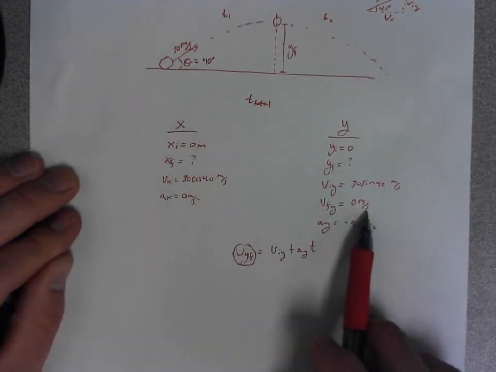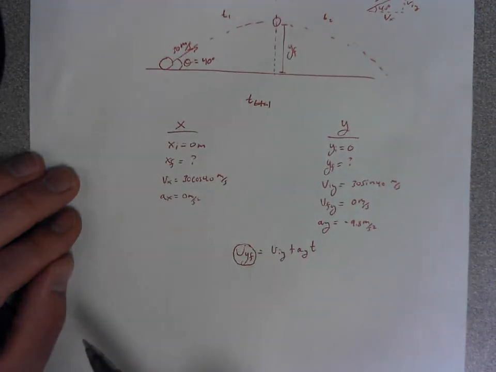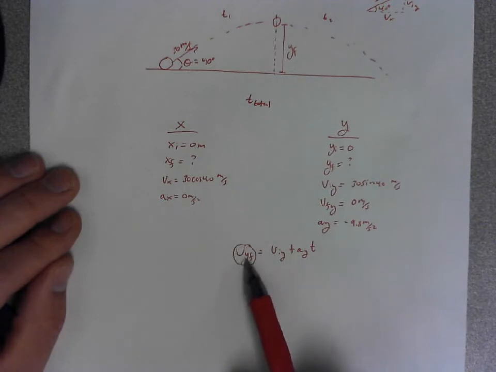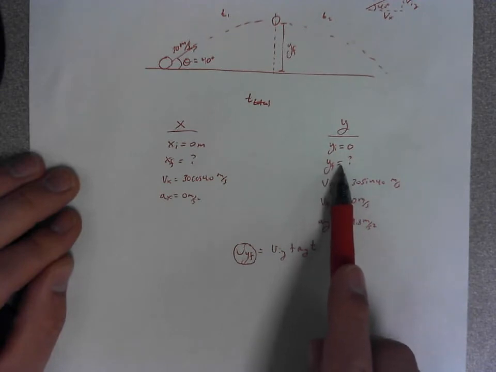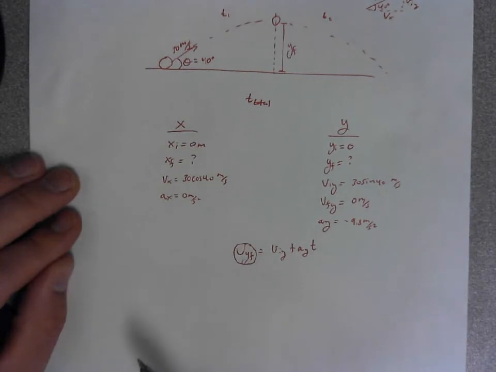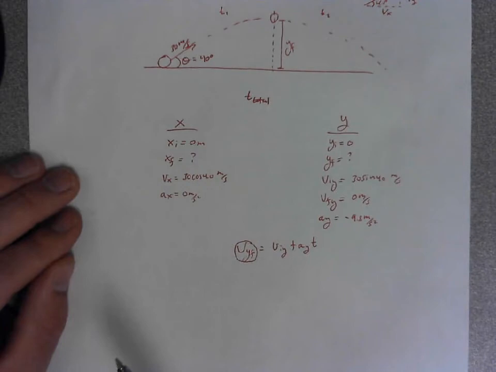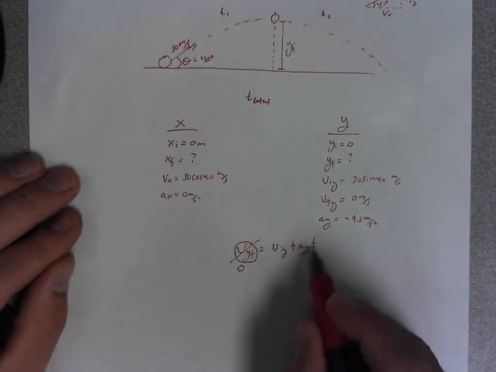I can either do an equation that involves y final to state that I'm at the top and ask how long it takes to get to y final, or I can solve for how long it would take for the velocity to reach 0. Either way works. Since I don't know what y final is at the moment, I want to use this method, because otherwise I'd have to solve for y final first, and without time, I don't know how I'd do that easily. So here I'm going to plug in 0 right there and solve for t.